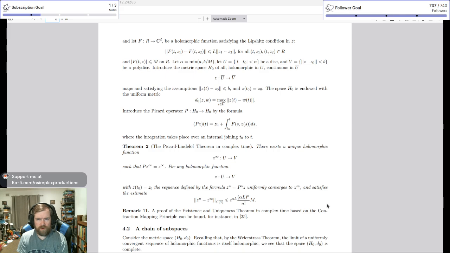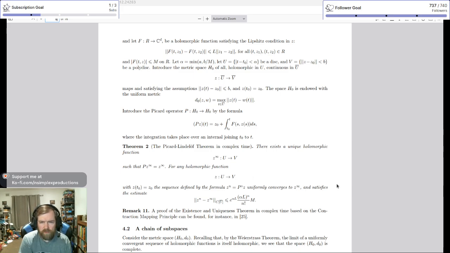Introduce the Picard operator P, given there. Picard-Lindelöf theorem in complex time. There exists a unique holomorphic function Z infinity mapping U onto V such that P Z infinity is equal to Z infinity.